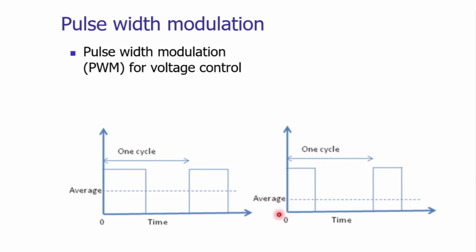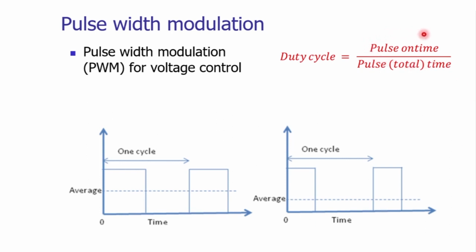It has gone down. So if I consider the on time is 5 seconds and the total time is 20 seconds, so 5 divided by 20, that is 25%. So this particular parameter or factor is called the duty cycle. So duty cycle is defined as the ratio of pulse on time to the total time of the pulse.